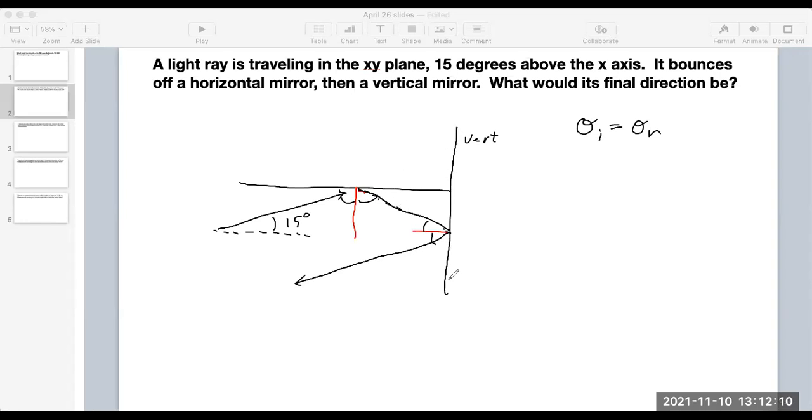When it hits this mirror, it's going to keep whatever its Y component is. And if it had a Z component, it would keep that too. But bouncing off of this is going to flip all of the X components to minus X components. So if you flip both our X and our Y, that adds up to flipping around the whole thing by 180 degrees.